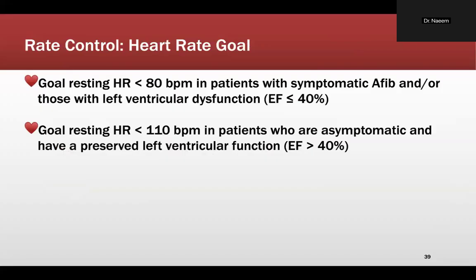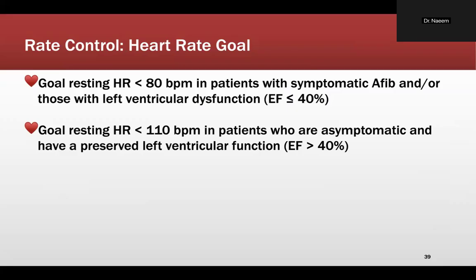Okay, so the exact heart rate goals. I know I'd mentioned trying to get the patient's heart rate between 60 to 100. So I wanted to clarify that in patients with an underlying arrhythmia, particularly AFib, we have a very specific heart rate goal.